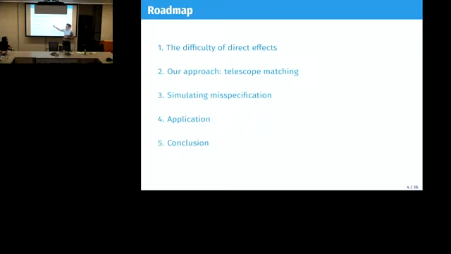I'll show you a simulation of how inducing misspecification affects the various estimators you could use to estimate these direct effects. Then I'll give a conclusion and wrap up with some directions that we're moving in. And obviously, you can interrupt anytime.